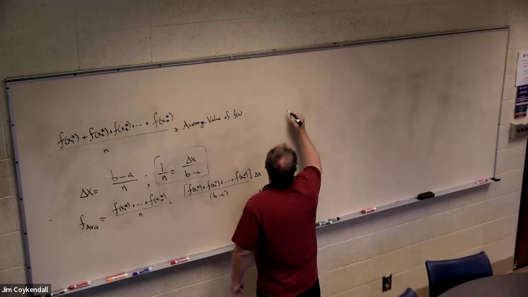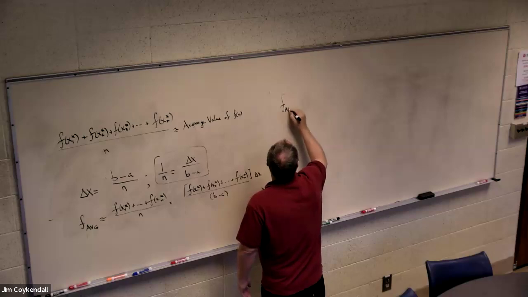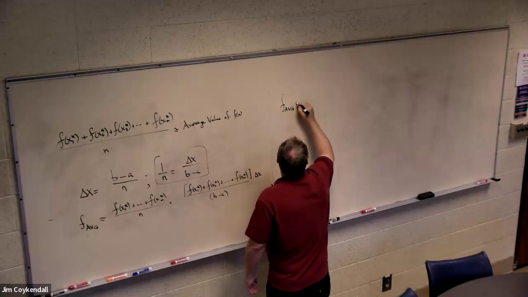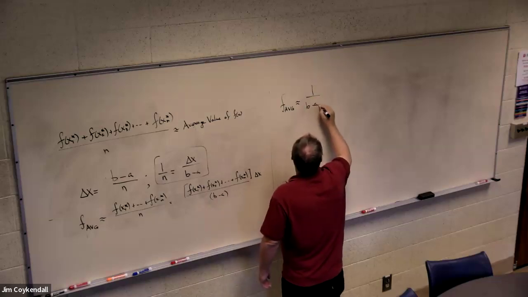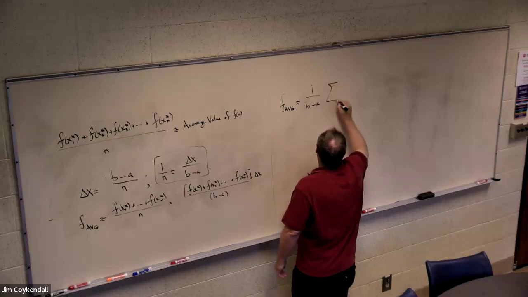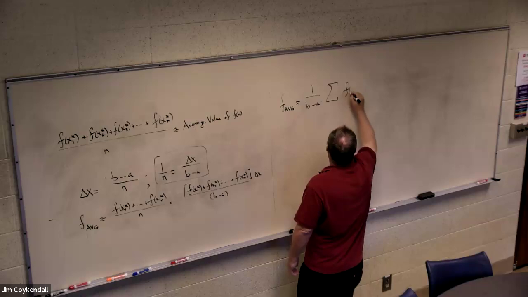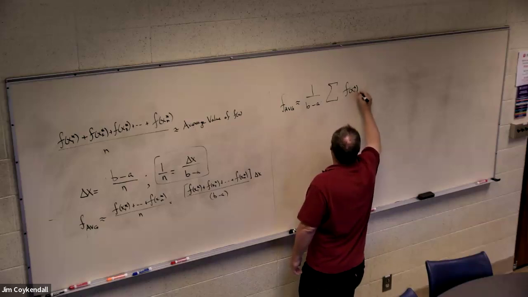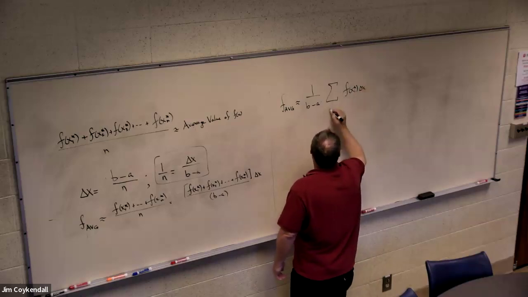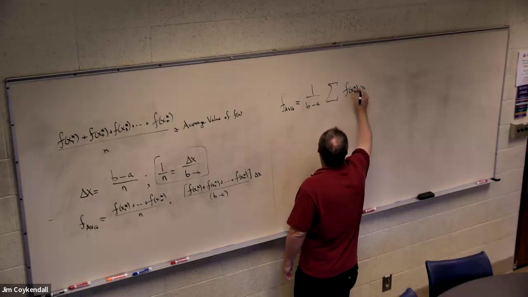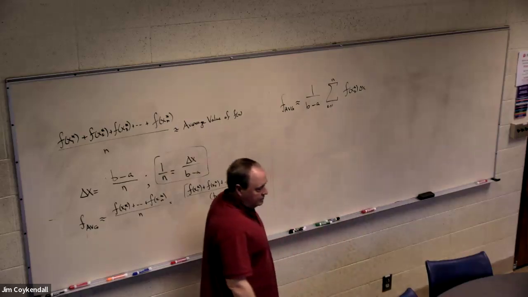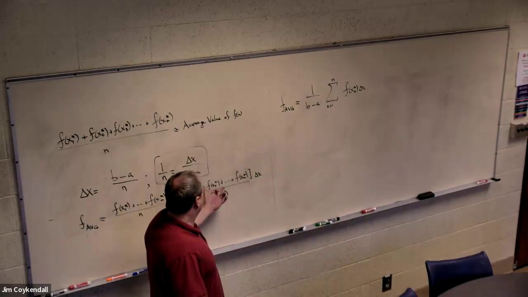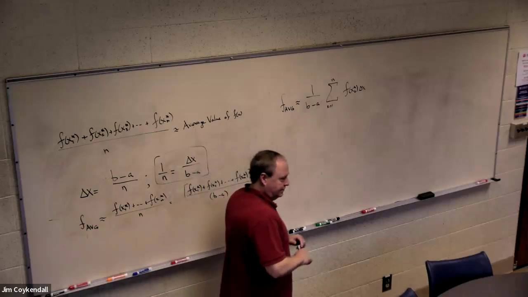So f average is approximately 1 over b minus a times the sum, just writing this in sigma notation.